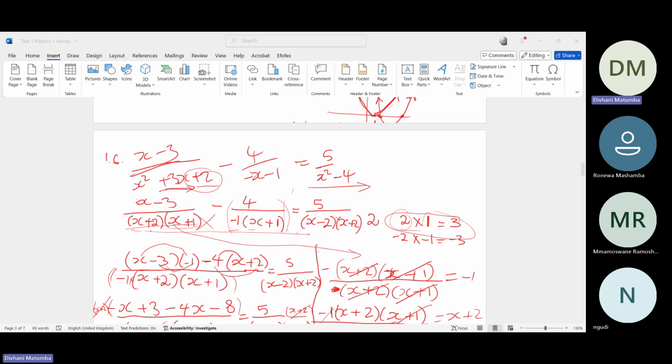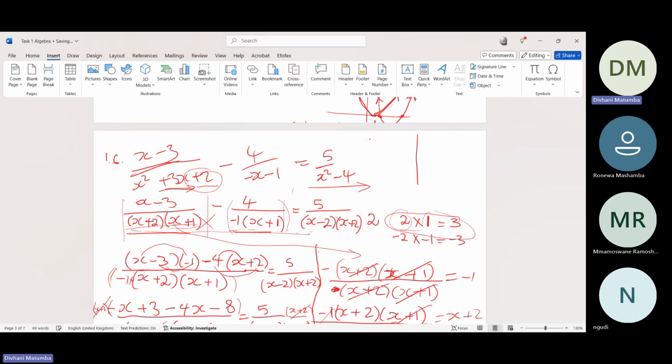This is what we had initially. The best way I use to find the LCD is to examine each and every term. The first term has two factors in the denominator. Then I will list them.